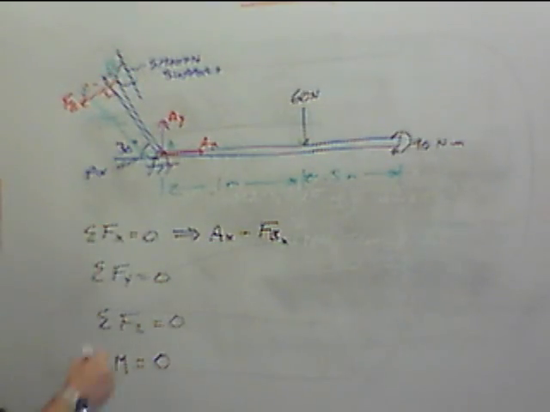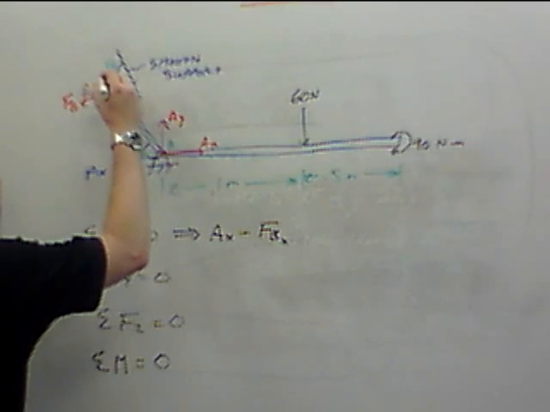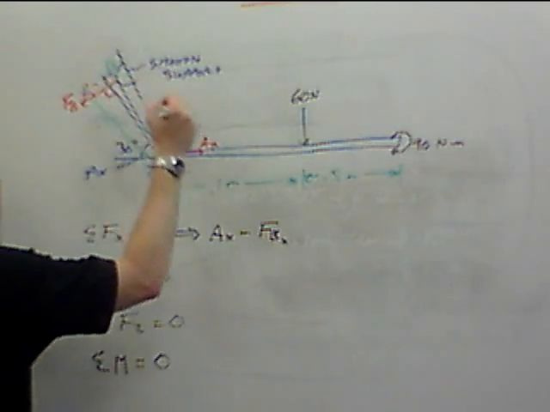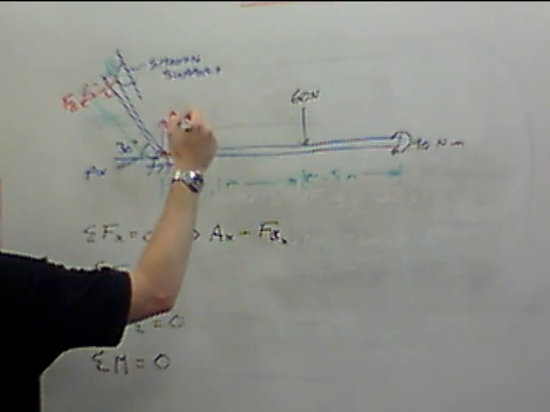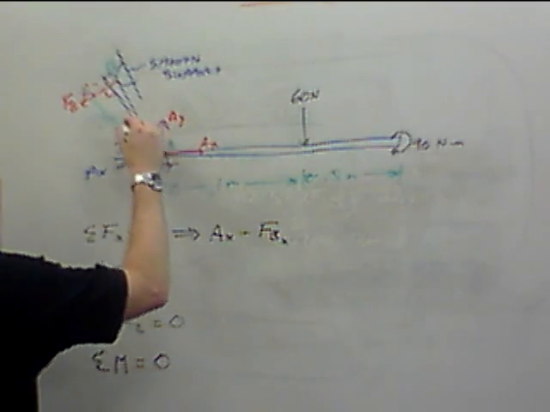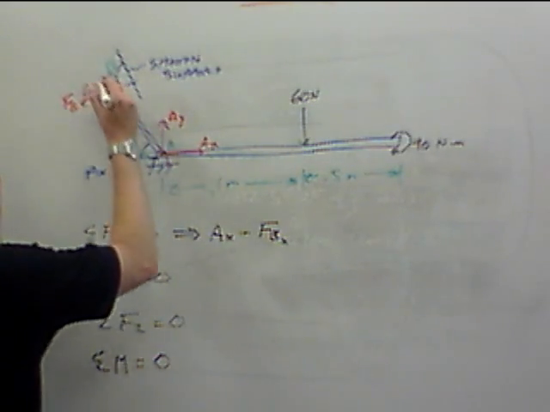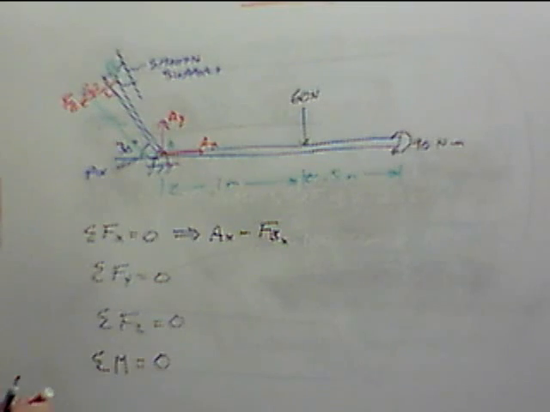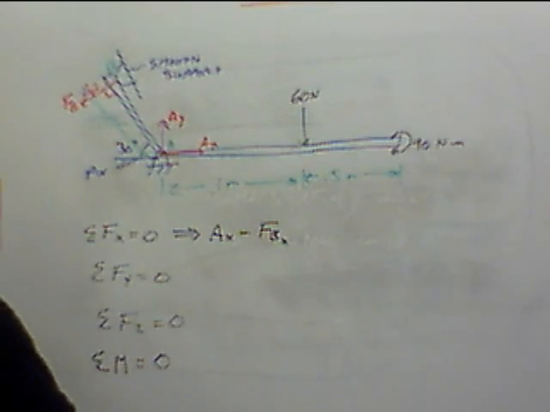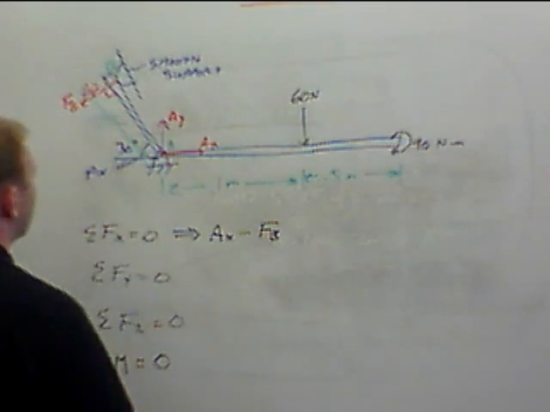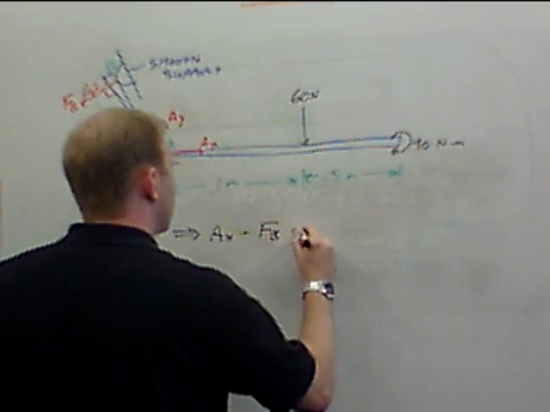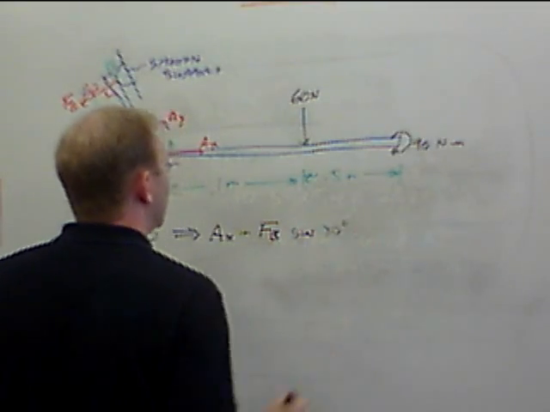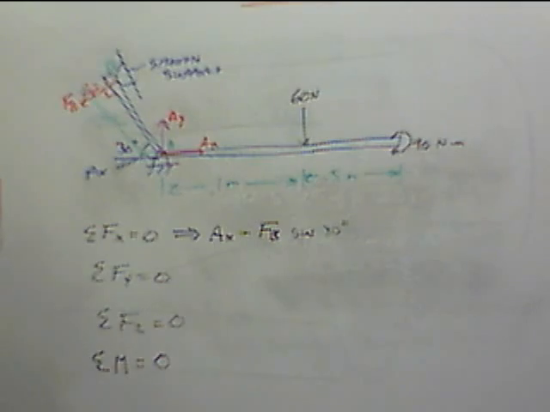Unfortunately, because the scale is a little off, this is my 30-degree angle. That's going to be 30 degrees with the horizontal. Yes, this is my 30-degree angle here. So FBX is actually going to be FB times the sine of 30. This equals 0.